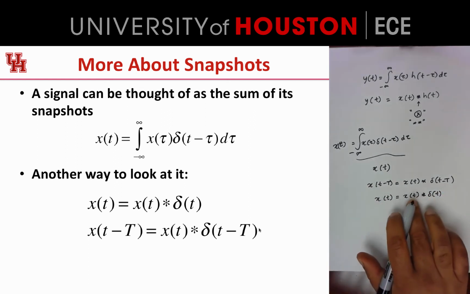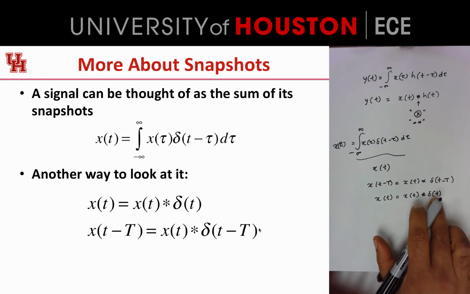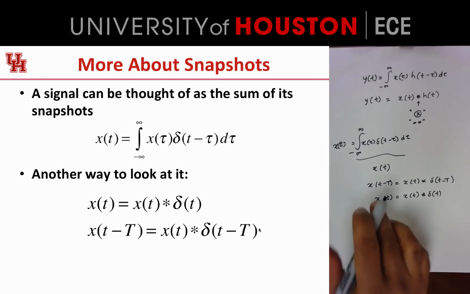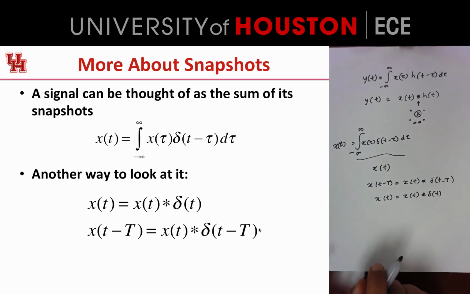So if you convolve a signal with the impulse, you get the signal itself. This delta function is a beautiful function. It's got these very cool and beautiful properties.